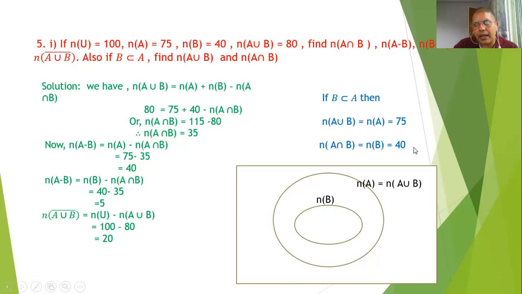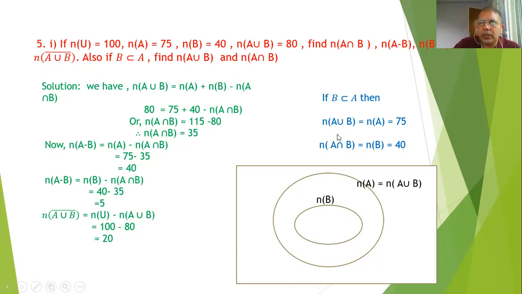For the second part, you can remember here, B is a subset of A. If you take the union of A and B, you get exactly this greater circle. So n of A is equal to n of A union B. So don't forget, if B is a subset of A, in this case n of A union B is equal to n of A. And B is a subset of A, then you can say again n of A intersection B is n of B, this portion.